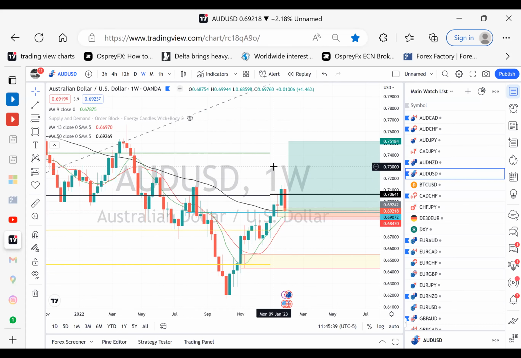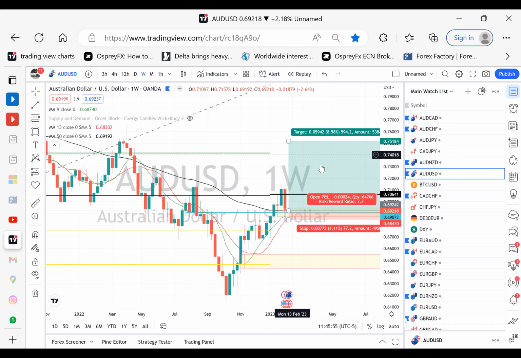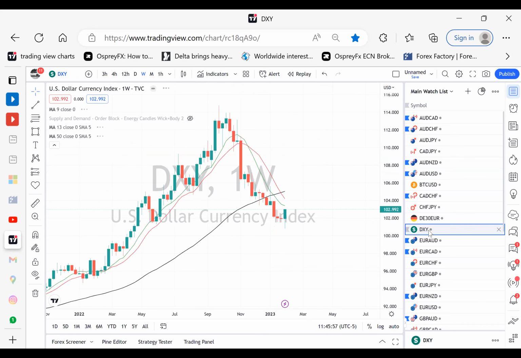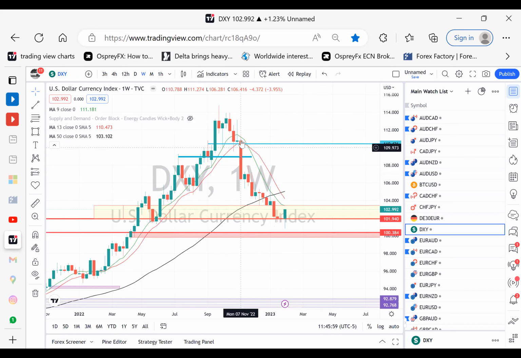Towards the end, we started tapering off. And this year we get a 25 basis point interest rate hike. So we're no longer raising interest rates aggressively. Now we're tapering off, so we should expect to see a peak in the dollar, right?